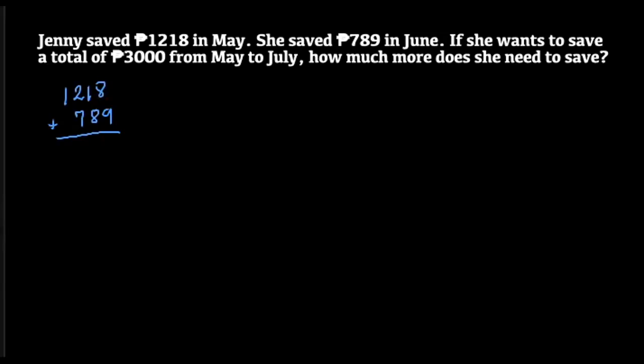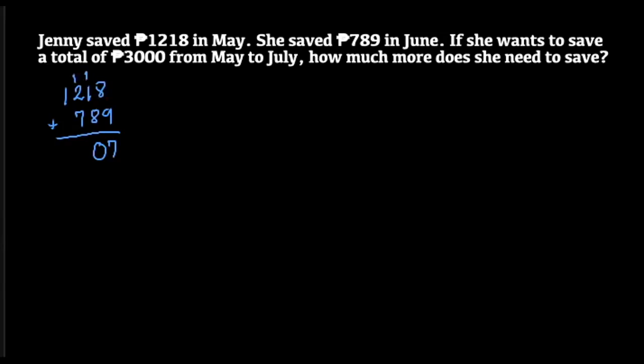That means we will put the 7 ones here and then regroup the 1 ten on top of the tens place. Then we add 8 plus 1, giving us 10 tens. 10 tens makes 100. So that will be 0 tens and 1 hundred.